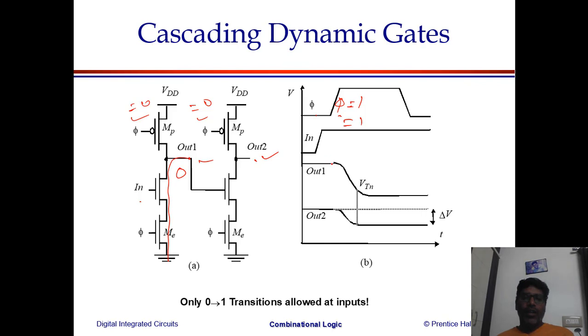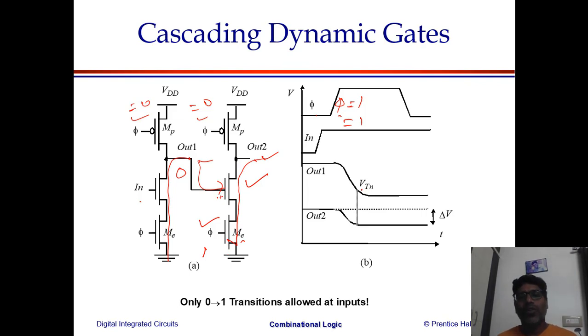Till the time this output comes down, you could see here this phi is also 1. So what is going to happen? Till it goes less than Vt, it is switching on this MOSFET also. Since this MOSFET is switched on, it's again dragging the output of the second stage to the ground.